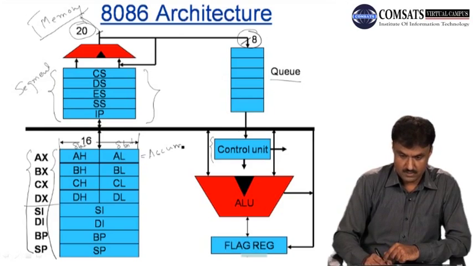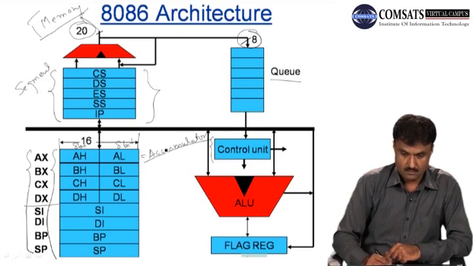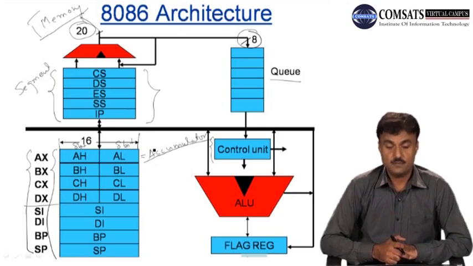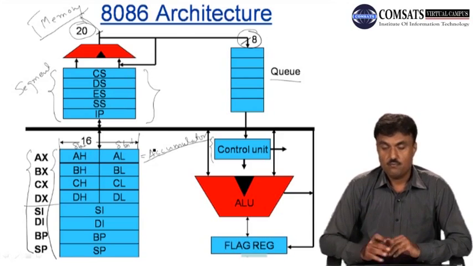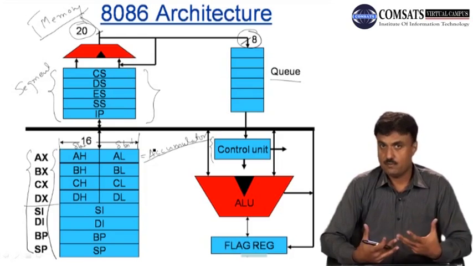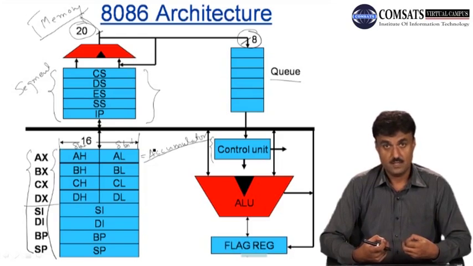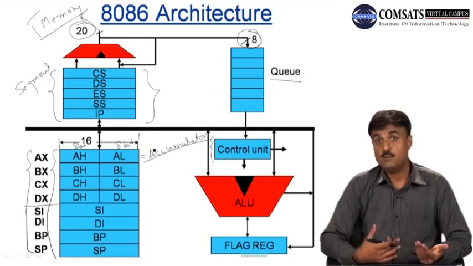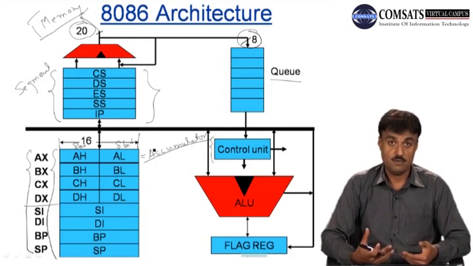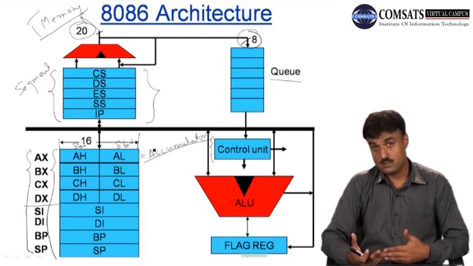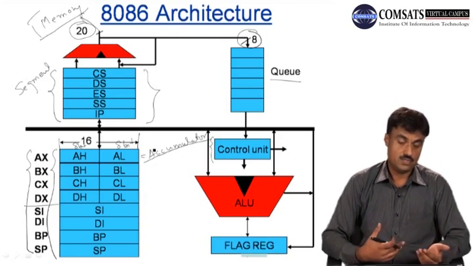We will discuss what the accumulator register is, but here I can give you one short introduction. This accumulator register holds the results of whatever computation you perform. If we want to add two numbers, these two numbers may be stored in other registers, or maybe one number is stored in the accumulator, one in another register, or maybe one number is stored at a memory location and one in a register.